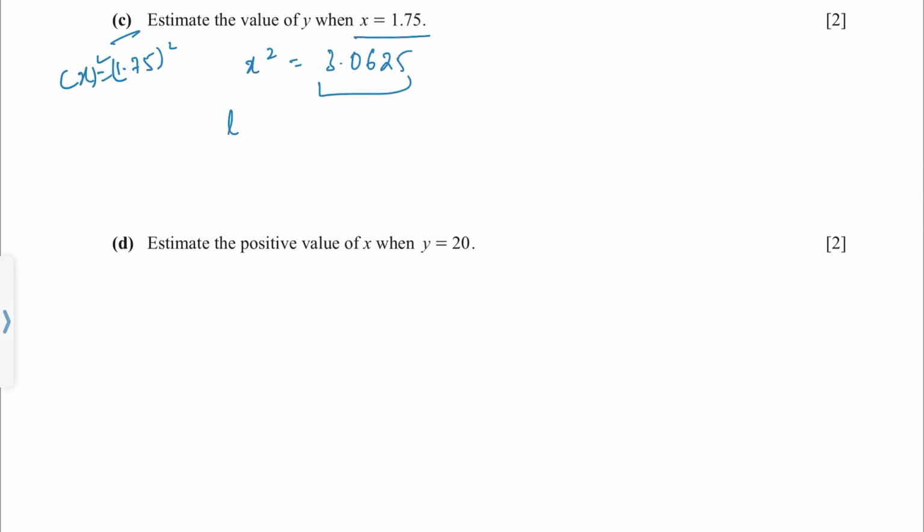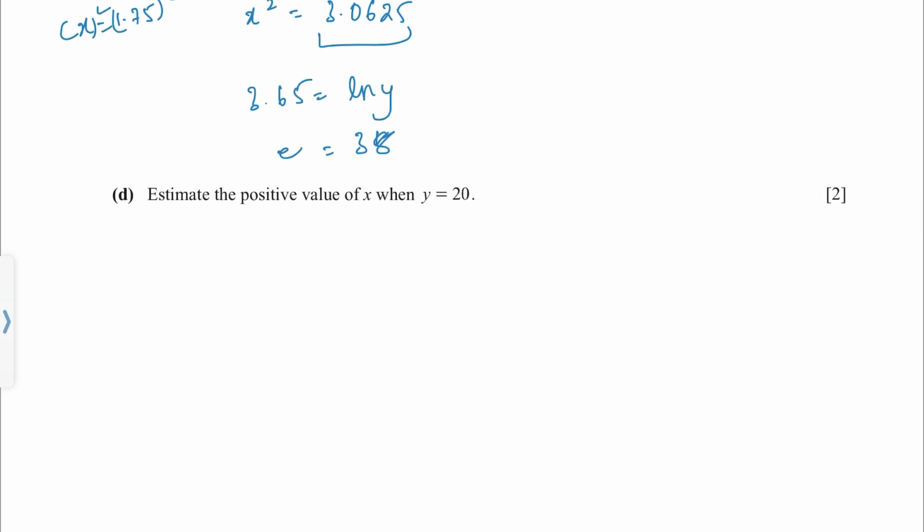approximately. So this is our ln y, 3.65. So e to the power 3.65 must be around 38, which is acceptable. e to the power 3.65 will be our y, and y would be 38.